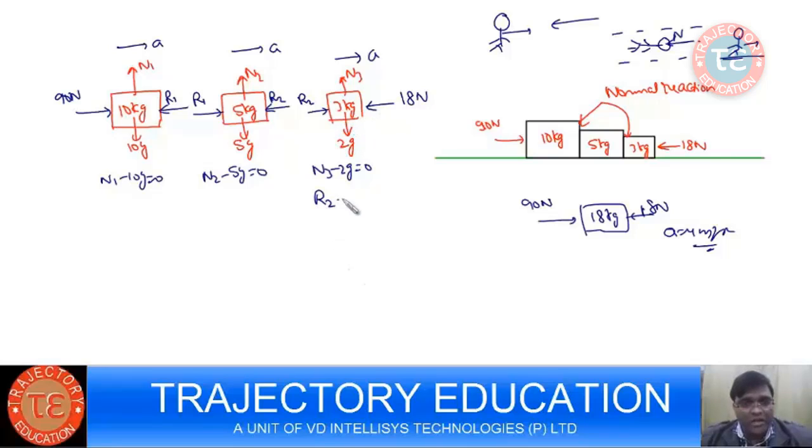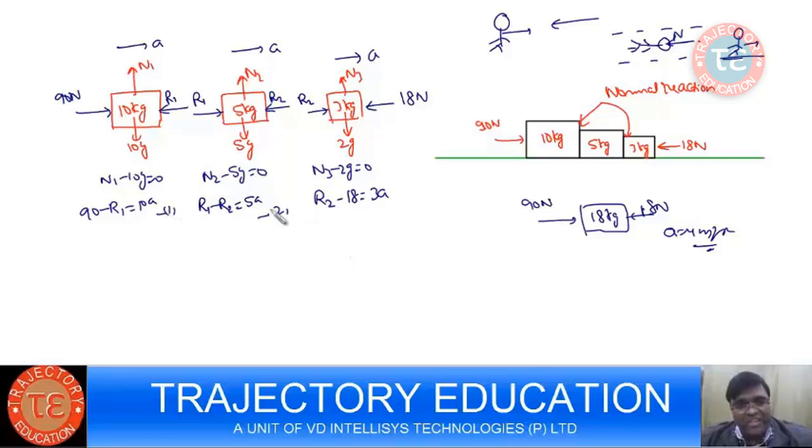Now the net force towards the right is R2 minus 18, and that's equal to 3a. Net force here is R1 minus R2, and that's equal to 5a. And net force here is 90 minus R1, and that's 10a, right? So from the vertical equations you get N1 equal to 10g, N2 equal to 5g, and N3 equal to 2g.